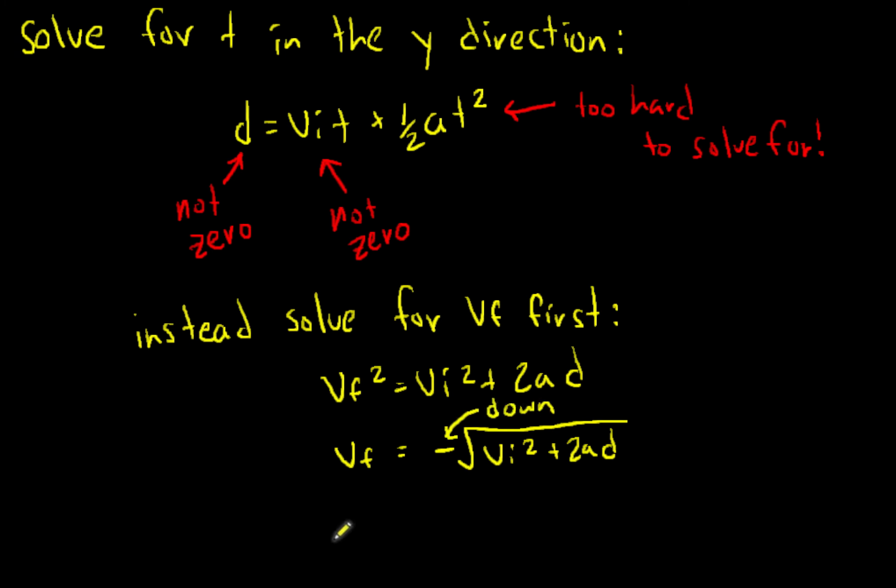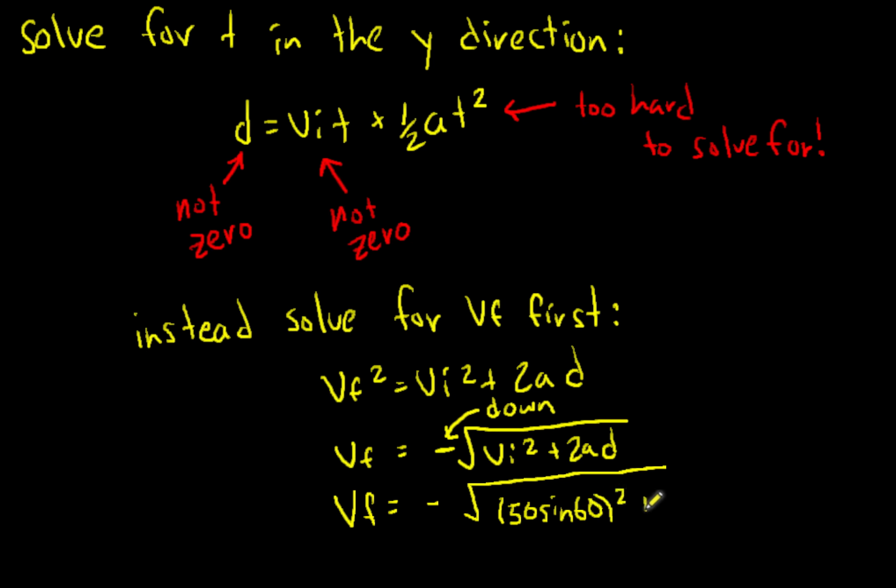We know that the final velocity is going to be down because it's a projectile. It's falling down. Vf equals negative square root of (50 sine 60) squared plus 2 times negative 9.81 times negative 300. Watch for your negatives here. If you lost a negative, it will change your final answer.